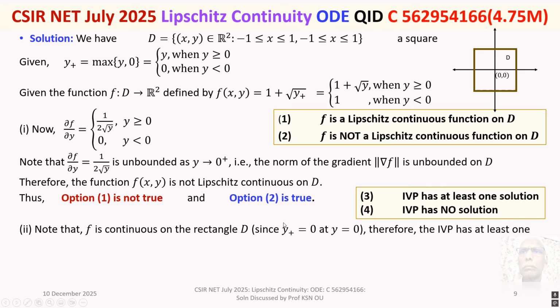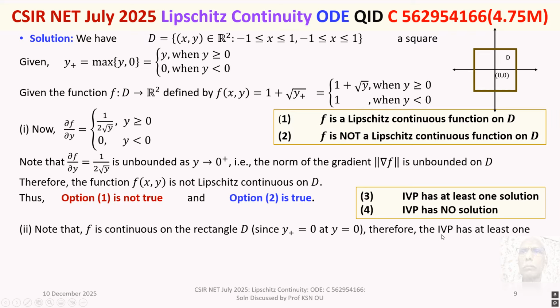Because y subscript plus is 0 at y equal to 0, so continuity is there at y equal to 0, and the remaining is continuous except possibly at y equal to 0, but it is continuous. If you take the right limit and left limit, they coincide.